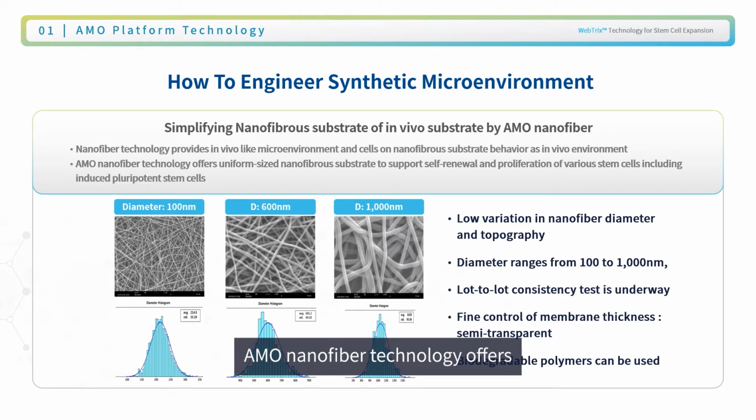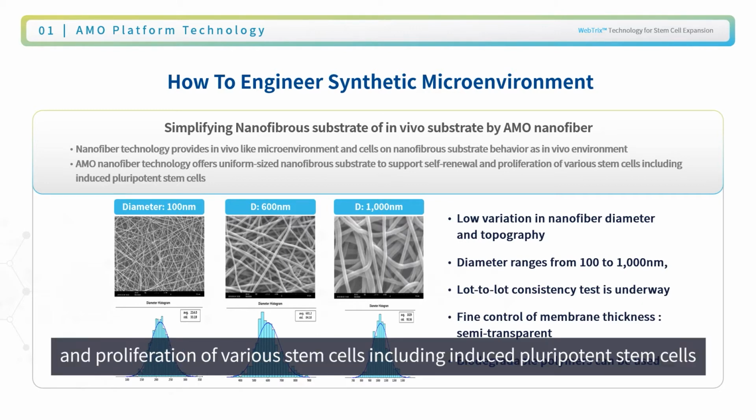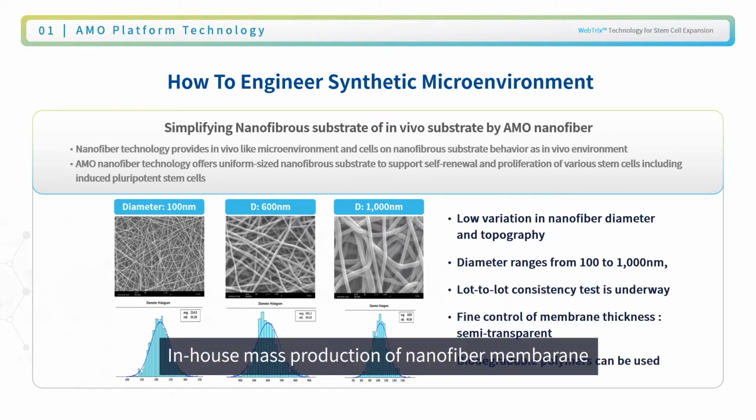AMO nanofiber technology offers uniform-sized nanofibrous substrate to support self-renewal and proliferation of various stem cells including induced pluripotent stem cells. In-house mass production of nanofiber membrane enables to keep low variation in nanofiber diameter and topography and lot-to-lot consistency.